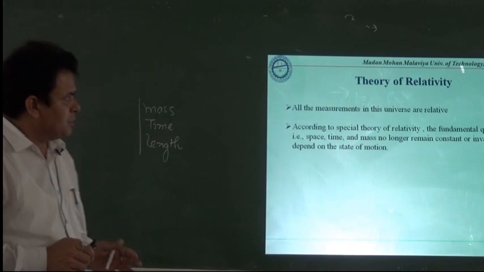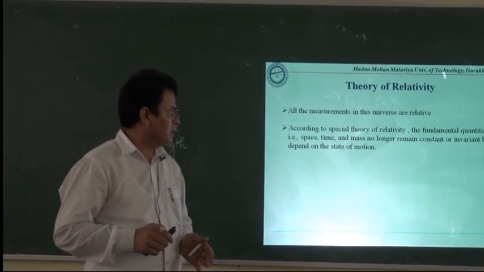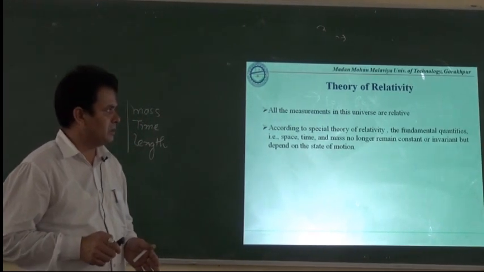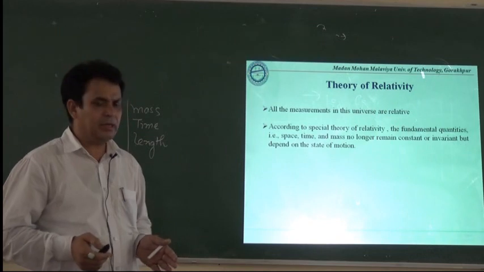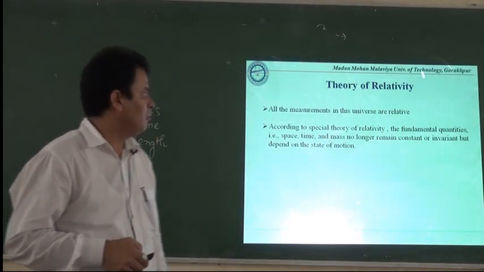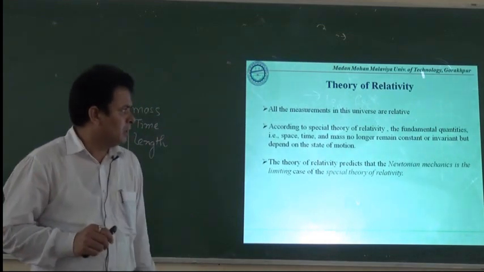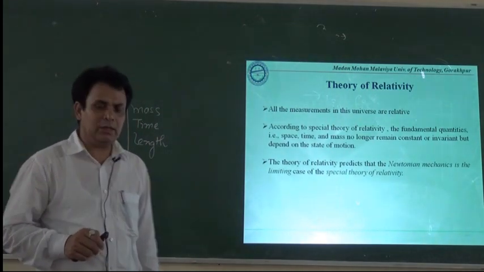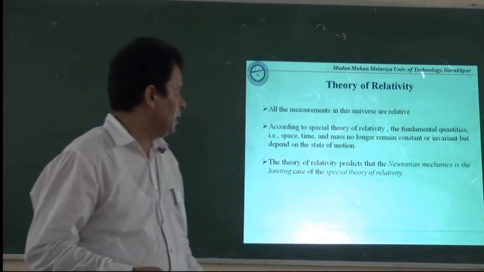According to the special theory of relativity, the fundamental quantities, that is space, time and mass, are no longer invariant, but depend on the state of motion of these quantities. The theory of relativity predicts that Newtonian mechanics is one of the limiting cases of the theory of relativity.